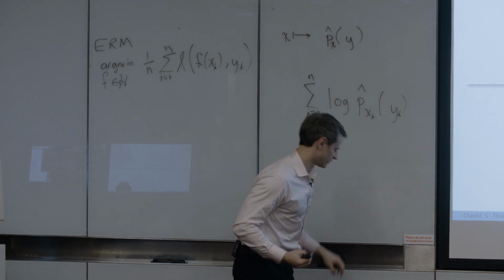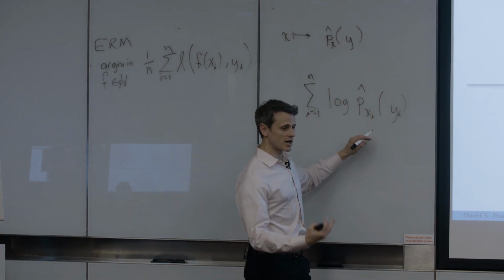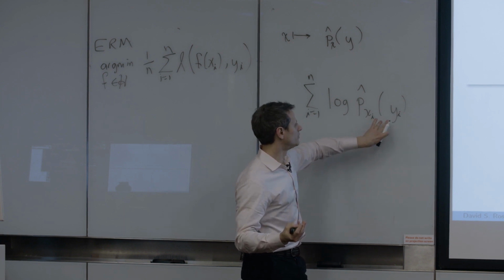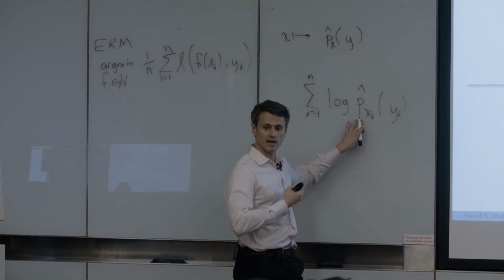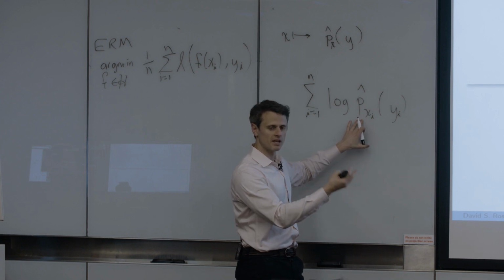That's p hat xi. And to get the actual likelihood of the observed yi, we just plug it into that PDF or PMF that we produced.